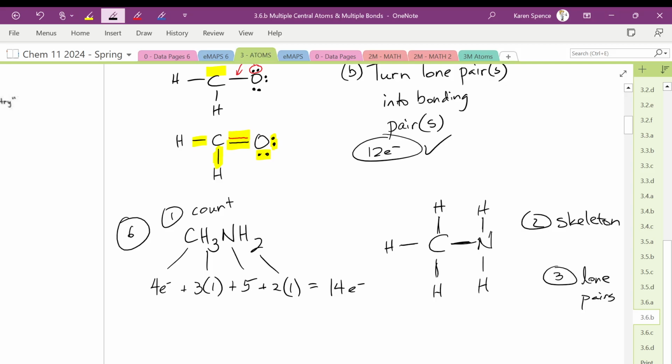Nitrogen only has 2, 4, 6, so we need to put 8 there. Step 4, you're going to count and check. 2, 4, 6, 8, 10, 12, 14. And you're done. Pretty easy, yes?